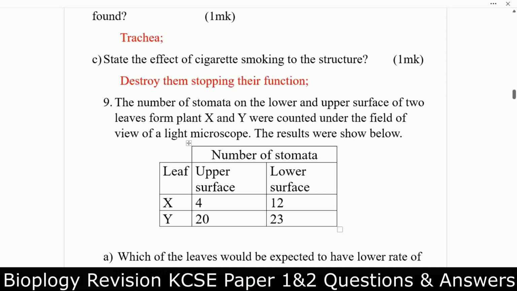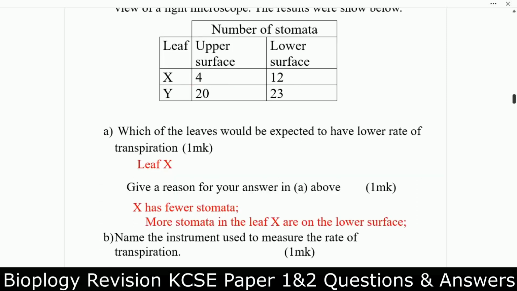On the lower surface we have 12 stomata. Leaf Y has 20 stomata, and on the lower side it has 23. You are told which of the leaves would be expected to have a lower rate of transpiration. That one is leaf X. Why? Leaf X has fewer stomata.